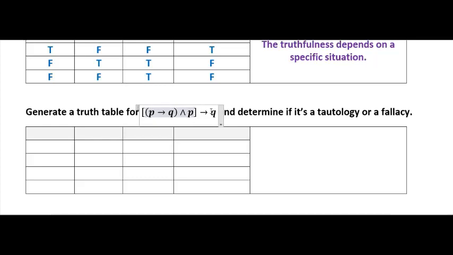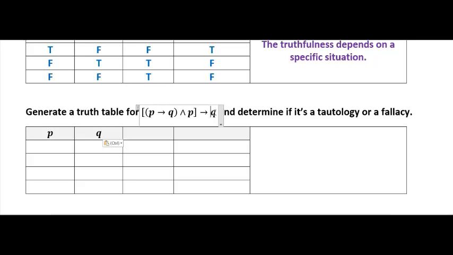I cannot put the conditional from the start because I need these two parts, and I don't have them. Now I could put Q, but remember, as usual, we tend to love placing letter P first. So I'm going to put letter P, and then I'm going to put letter Q.